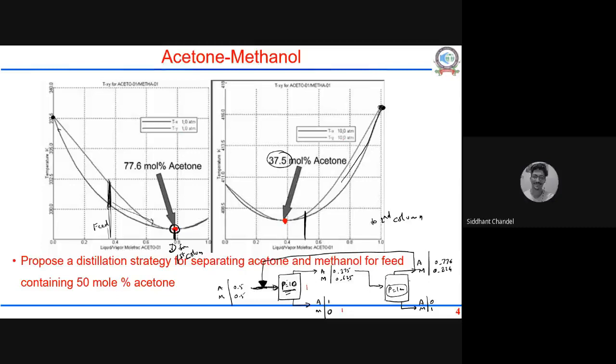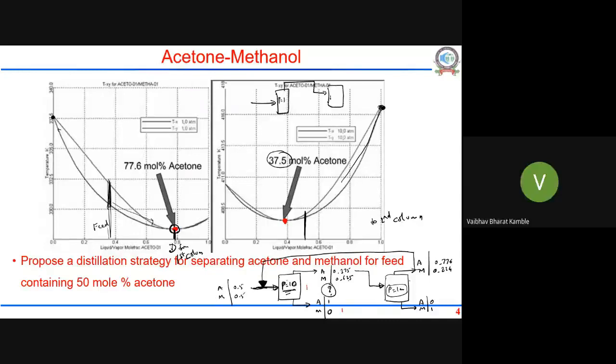Sir, decreasing the number of plates would be lower if we use the 1 atm first. Whether we should have 10 atmosphere first or 1 atmosphere first? Sir, 1 atmosphere first. Why is that?